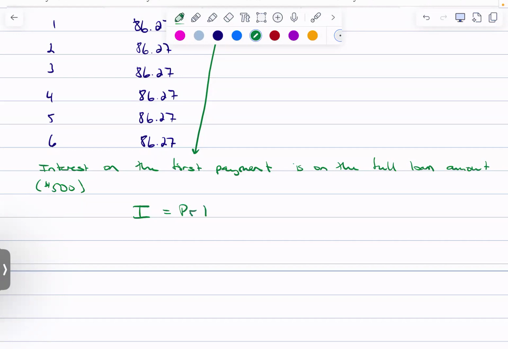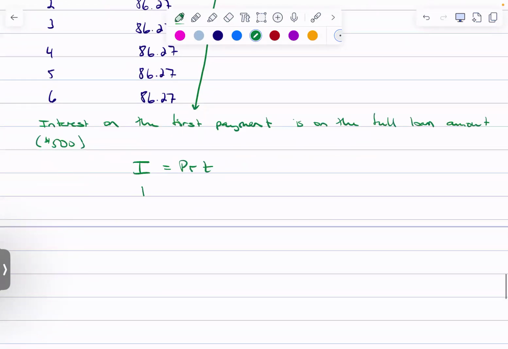So let's use one that we know and love. The amount of interest I is going to be 500 times 0.12 and 1/12 of a year.